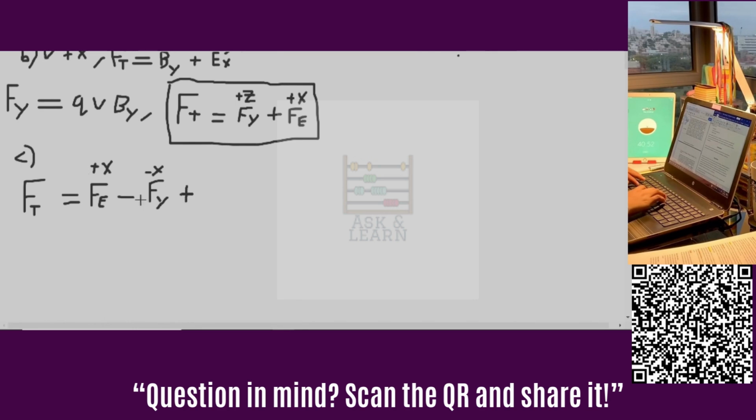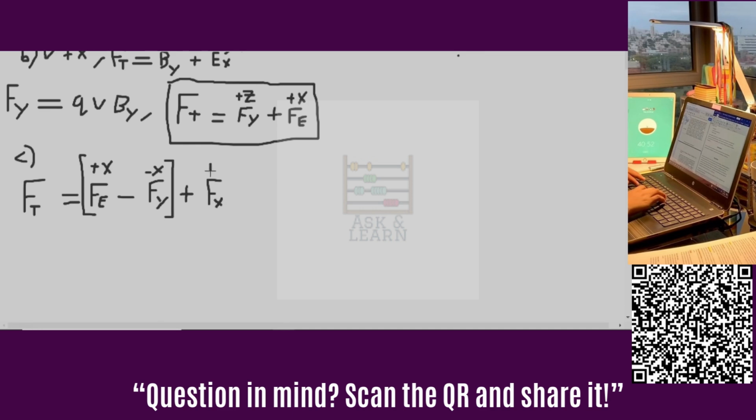So these two you can subtract, but the part from the x direction of the magnetic field will be independent because it's in the positive y direction.